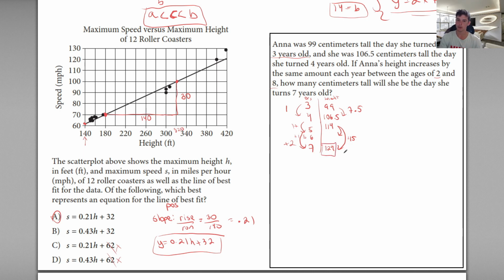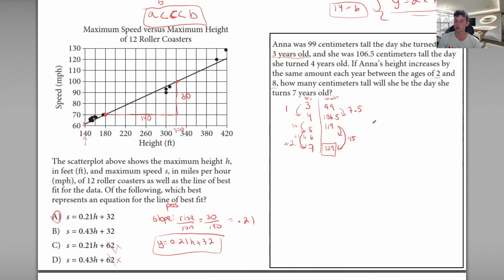Very easy, okay? And we know here that she's going to increase between ages 2 and 8. So if we wanted to find the y-intercept, we know that the y-intercept happens when x is 2.